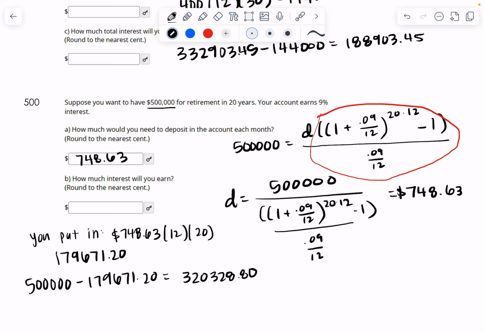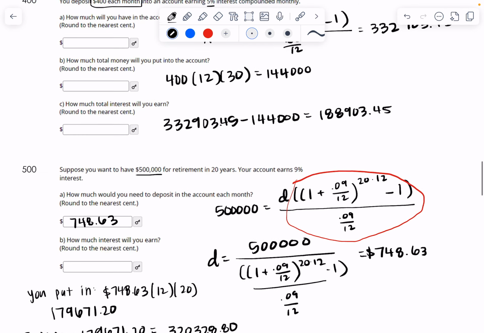I think I'm looking at the Jeopardy key, and it says 329, and that's rounding up, but you wouldn't round up in that situation. So this is what the answer should be.